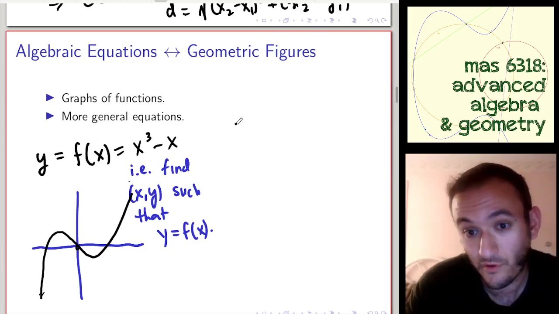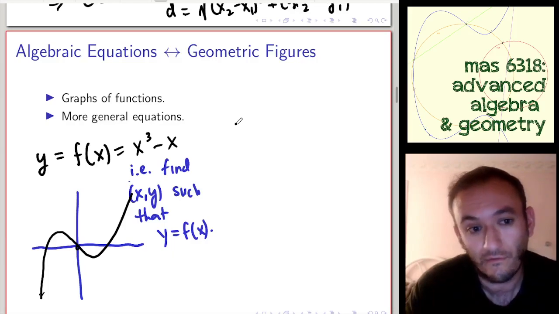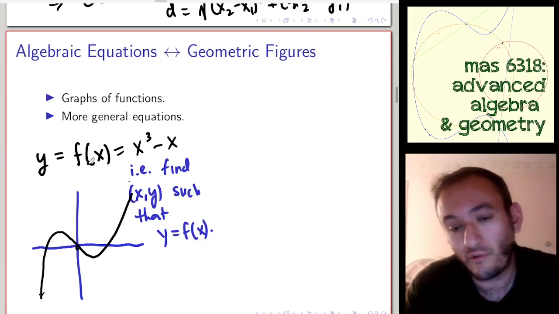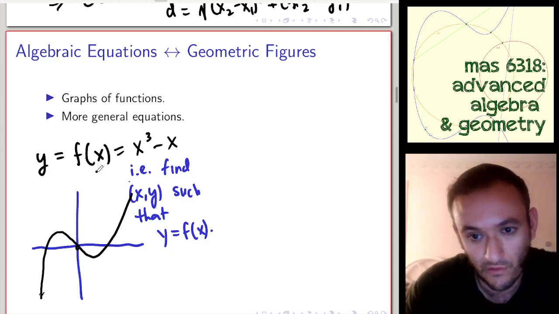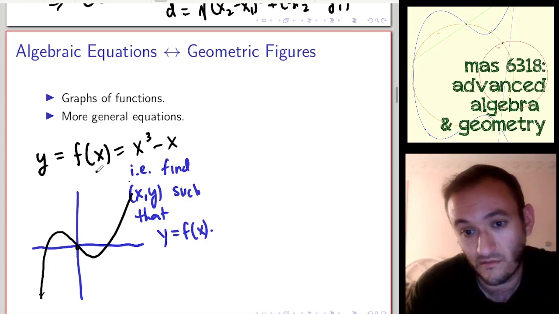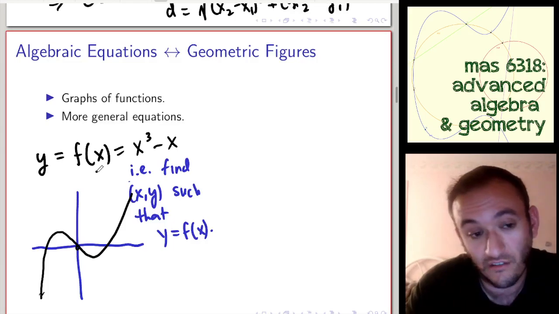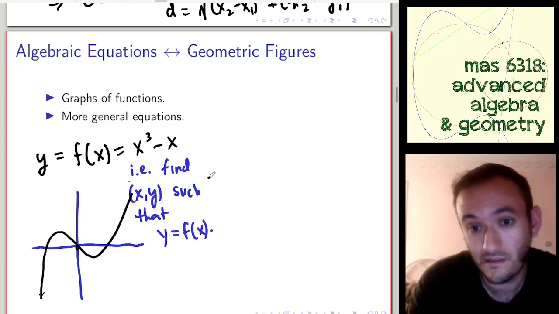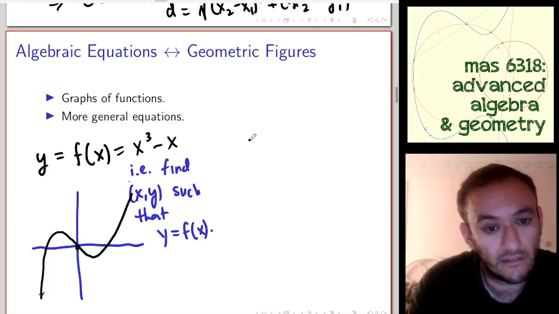So this is an example of a graph of a function, which you can get by specifying points satisfying a certain equation. But you don't have to have this set of points being specified by a function. You could have just any equation involving the two coordinates of your point. And here's an example of that.